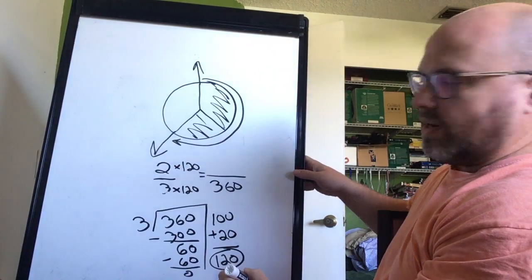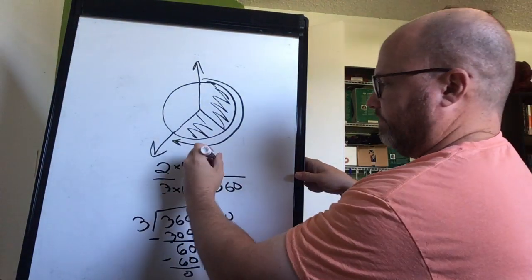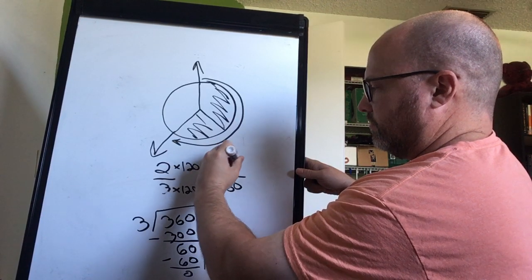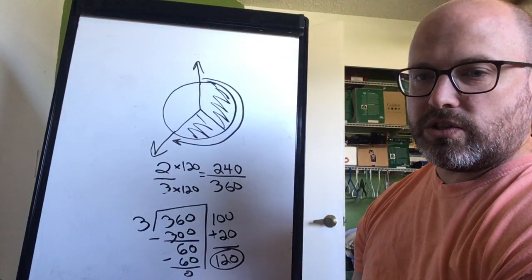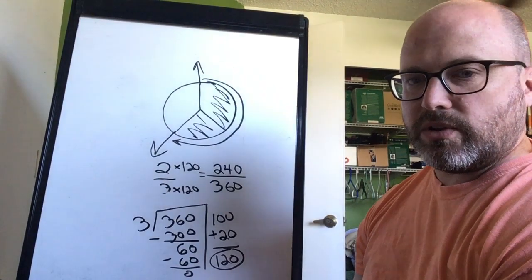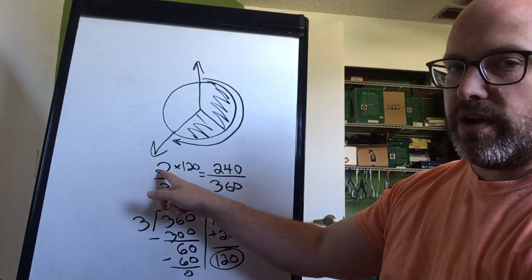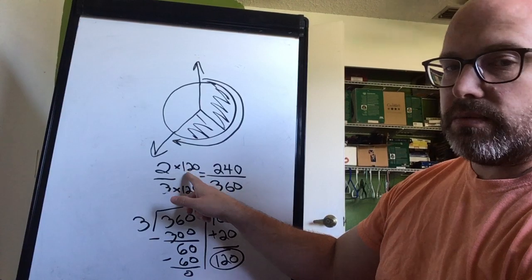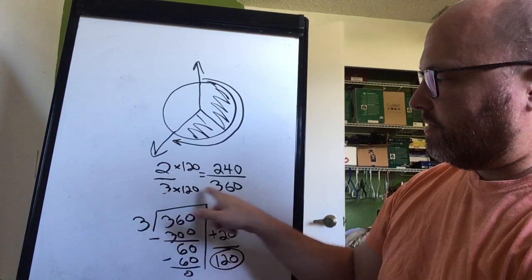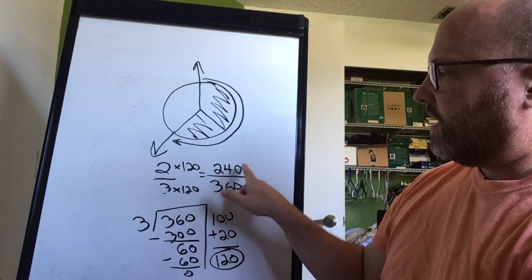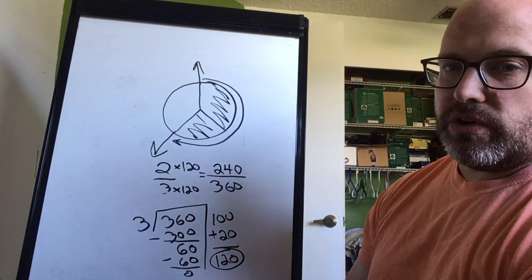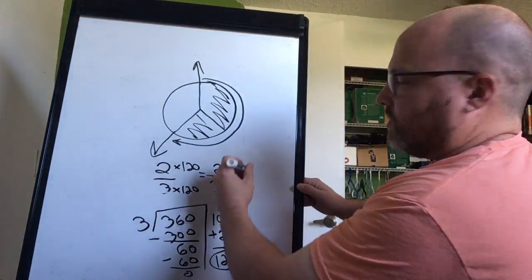If you do that, what you're going to get is 240. Okay, so you multiply that numerator, the 2, you're not always going to multiply by 1. You multiply by whatever is in the numerator, which in this case is 2, times whatever number you multiplied to make your original fraction into 360ths, and you get, in this case, 240, which is the same as 240 degrees.